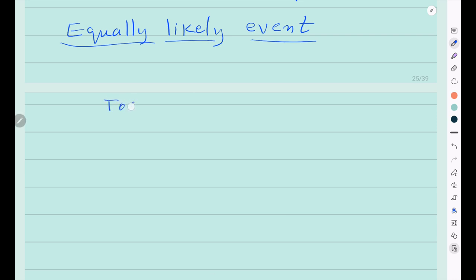Again, we will take the example of tossing a coin. The probability of getting head is equally likely with the probability of getting tail. So it's not that there are more chances of getting head than tail. It's always the same. So this is what we call equally likely.